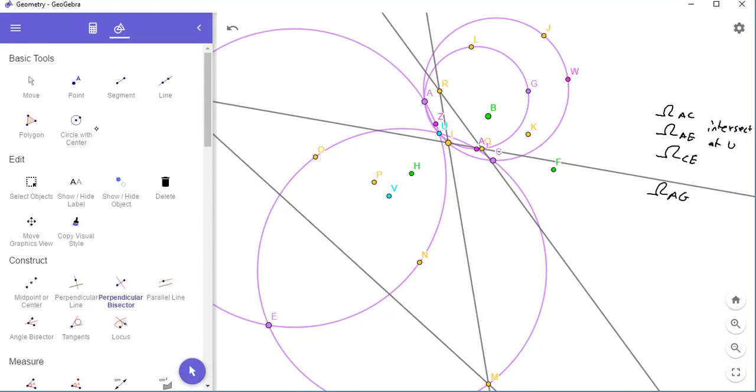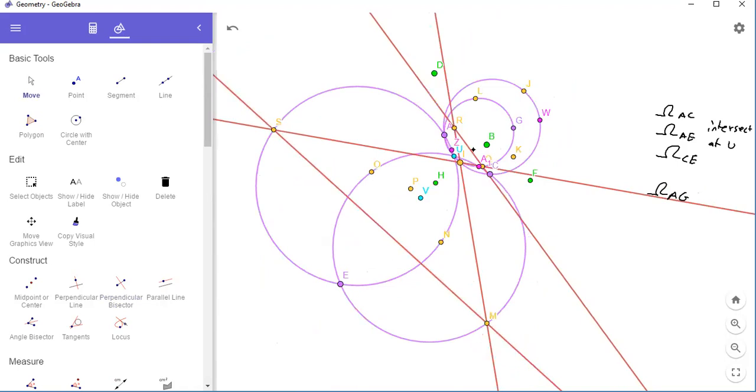So now if you look at these 4 lines I've drawn, let me make them red. Then let's zoom out a bit.